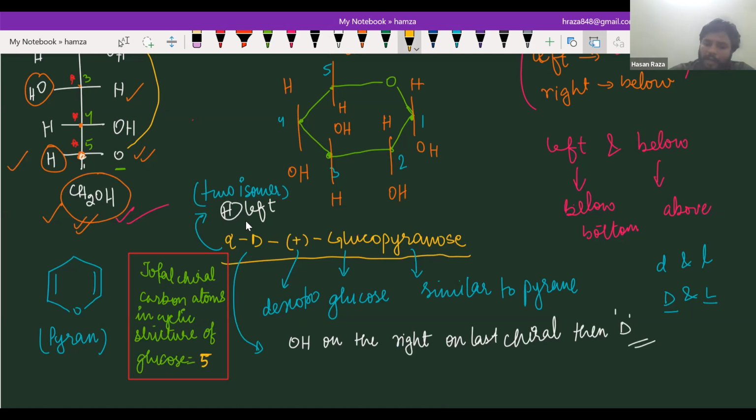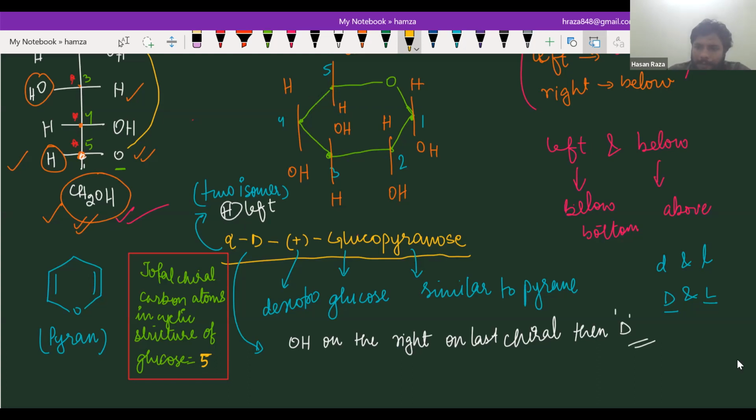Haworth projection. This is called Haworth projection. Is that clear? Yes, sir. Can I change the slide?